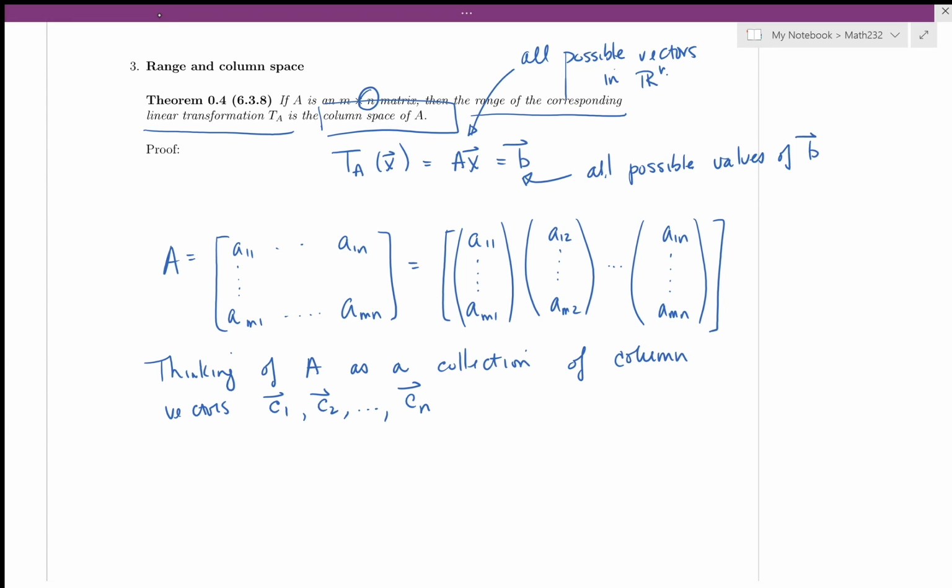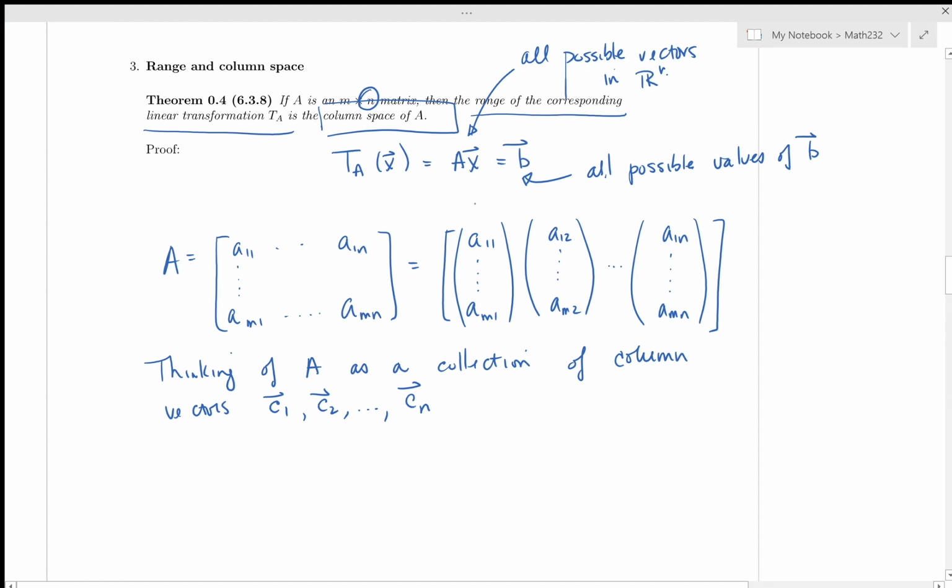This one here is c1, this one here is c2, and all the way along, this one here is cn.